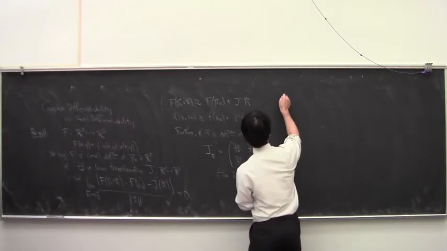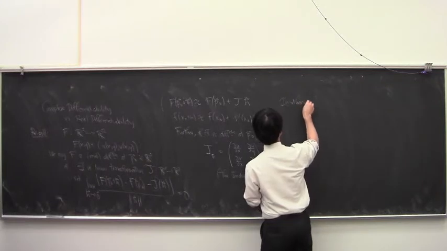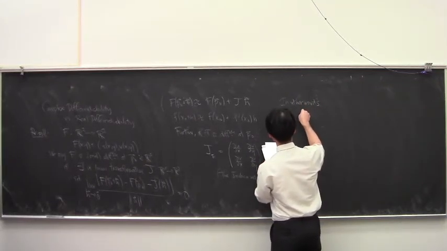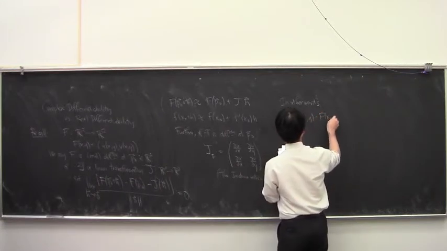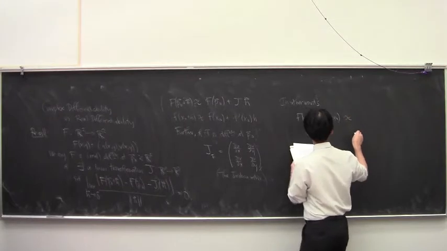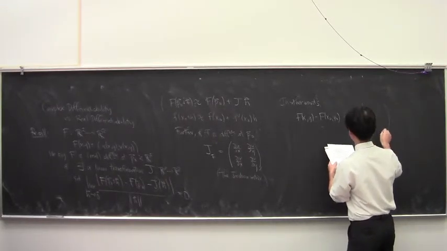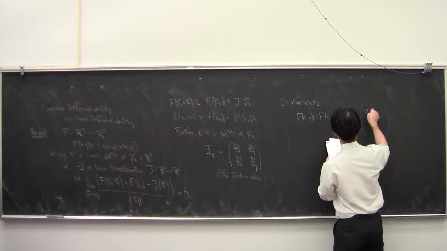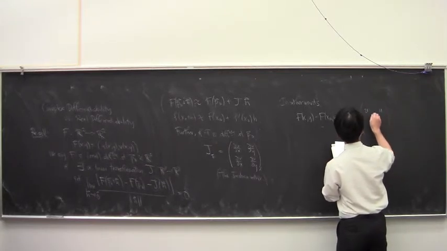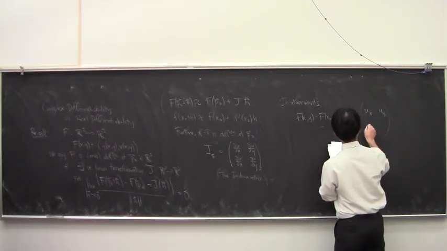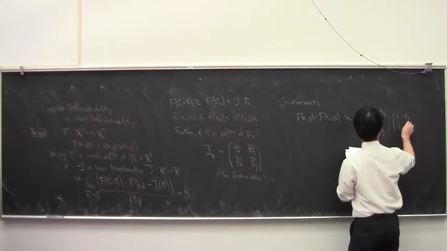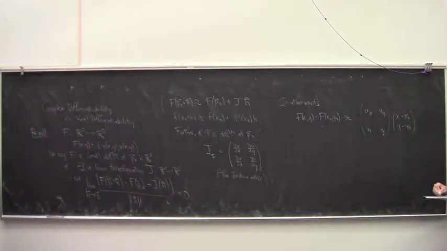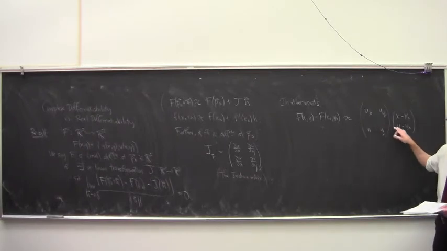So, like I just said, f of x, y minus f of x naught, y naught is well approximated by this matrix, u sub x, u sub y, v sub x, v sub y, times x minus x naught, y minus y naught. If you're differentiable, then the change is approximated by this.